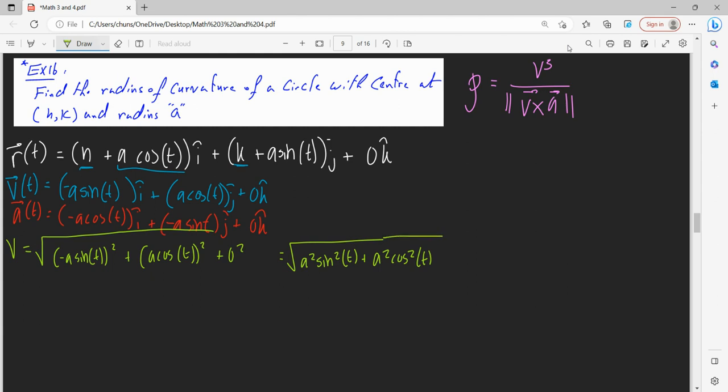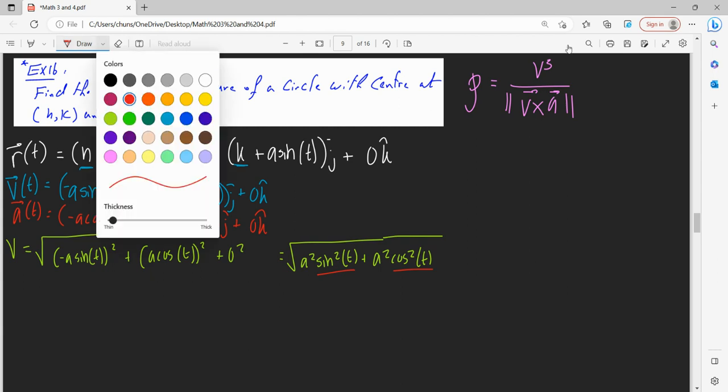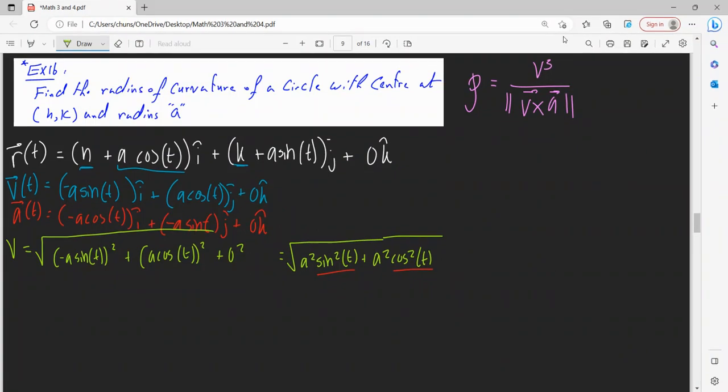And we know that sine squared plus cos squared is equal to 1. So this is just going to be the square root of a squared, which is equal to a.